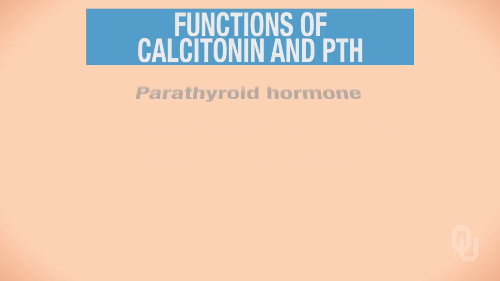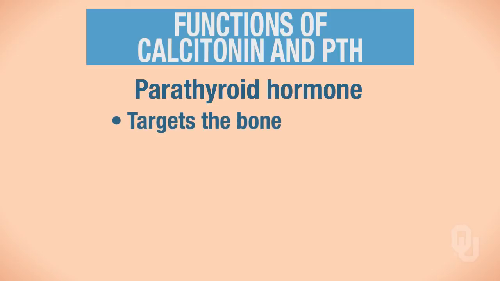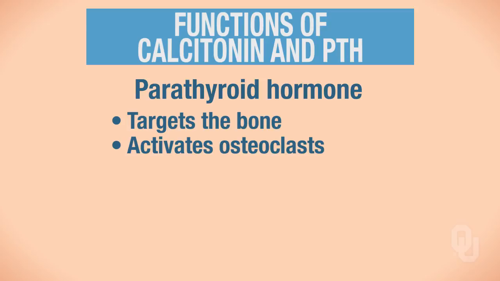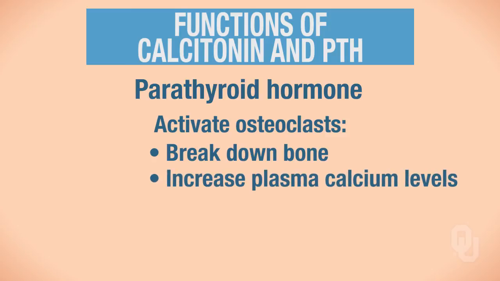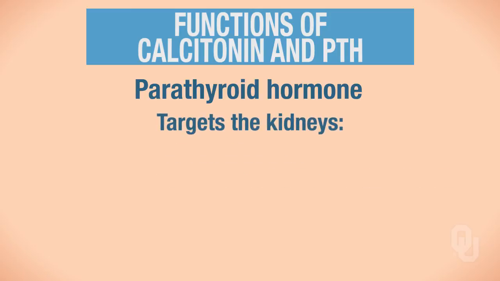Now let's focus on parathyroid hormone. Parathyroid hormone also targets the bone like calcitonin does, but this time it activates the osteoclasts. And if we activate osteoclasts, we will break down bone. When bone is broken down, that calcium will go out into the plasma. Thus, we increase your plasma calcium levels. PTH, just like calcitonin, also targets the kidneys.